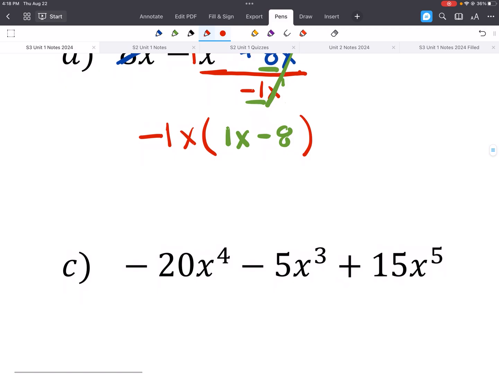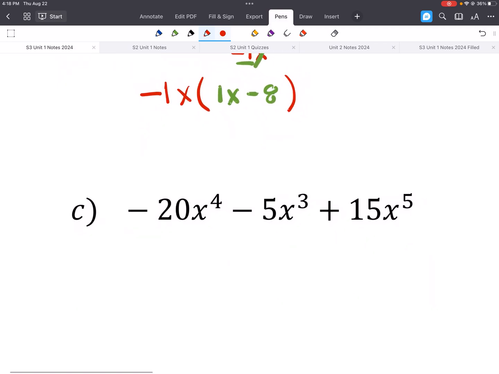All right, let's look at this one. Is this one in standard form? It's not in standard form either. So we would want to move this 15x to the 5th over on this side. Now it's in standard form. We'll check those three things.